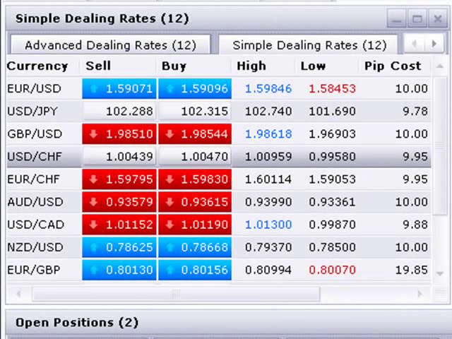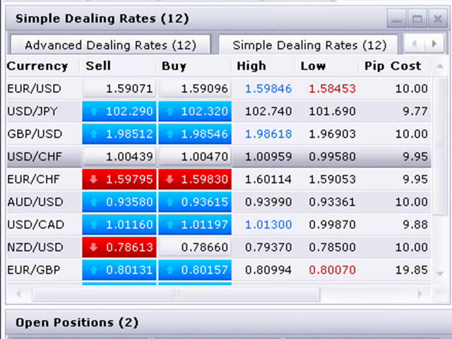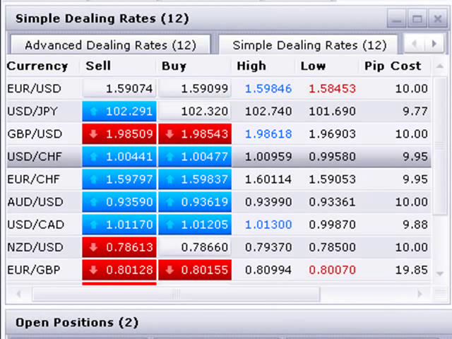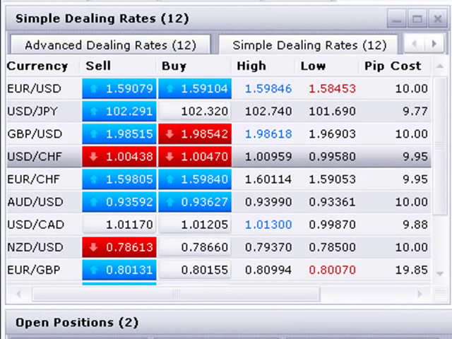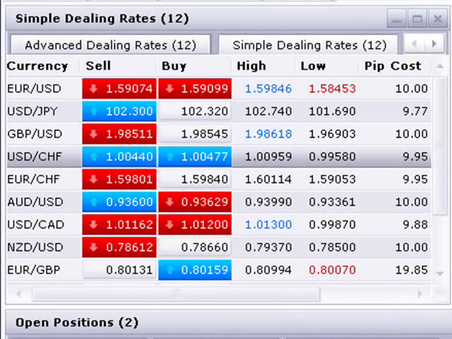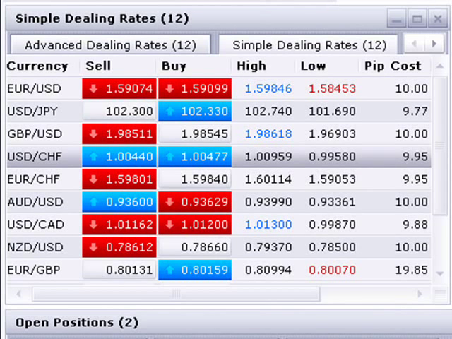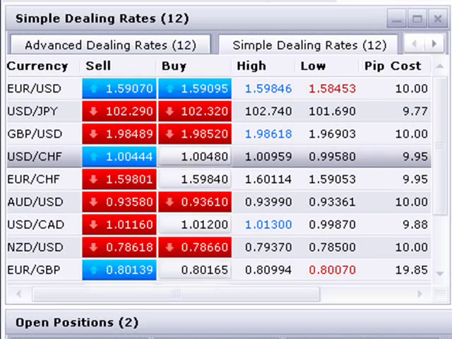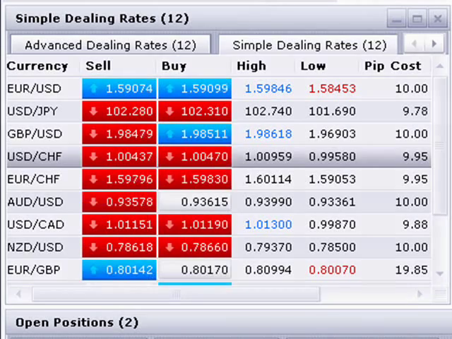As we're trading contract sizes of 100,000 of the base currency, a 1 pip move in 4 decimal place currency pairs is equal to 0.0001 times 100,000, which equals $10 in currency pairs where the US dollar is the second currency in the pair.